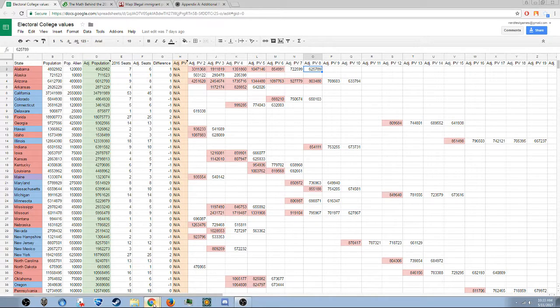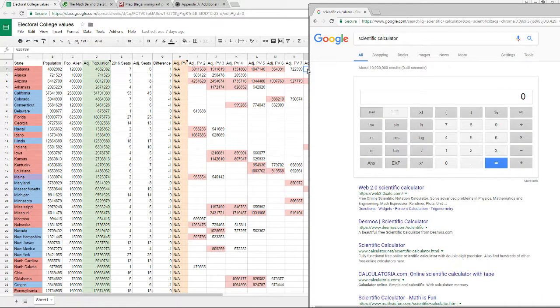And so if we look, the adjusted population is 468,298,2.